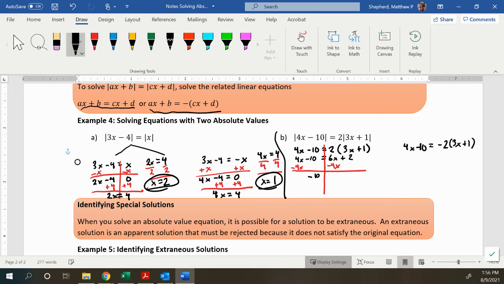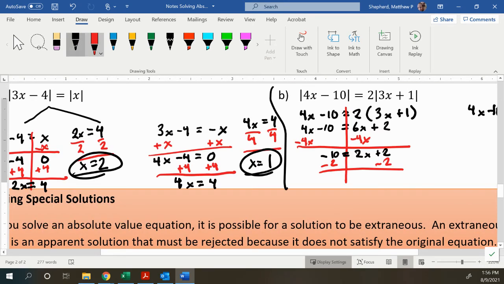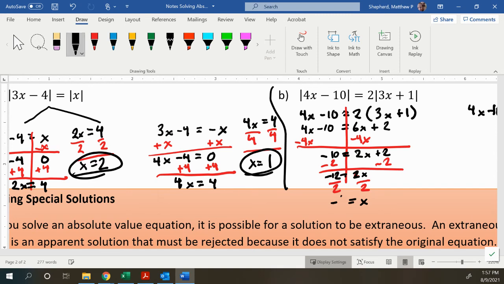So we'll have negative 10 is equal to 2x plus 2. Minus the 2 from each side. I'm writing kind of small, but I'm running out of room. 2x is equal to negative 12. Divide by our 2, and our x will equal negative 6.